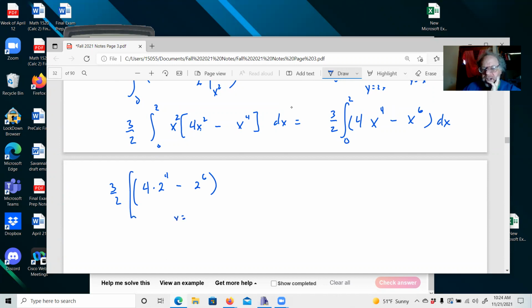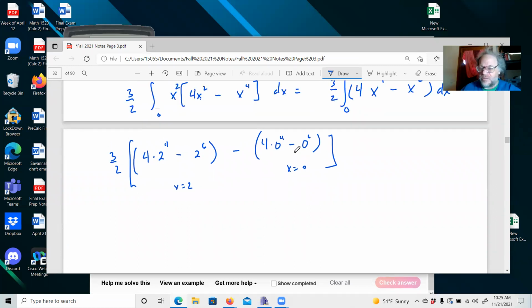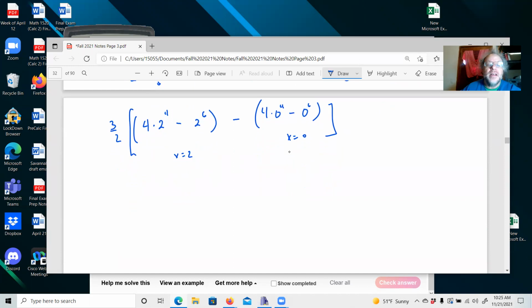This is x evaluated at 2, minus 4 times 0 to the 4th, minus 0 to the 6th. This is x evaluated at 0. Yes, we all know it's 0, but for completeness, we're showing all the steps so you don't wonder what happened. It's right here.